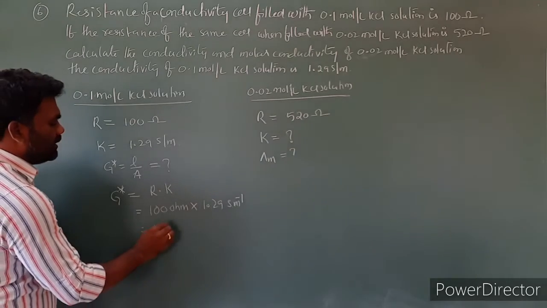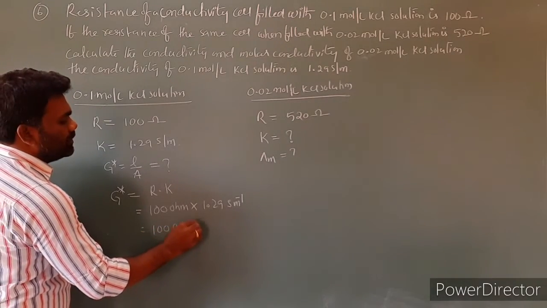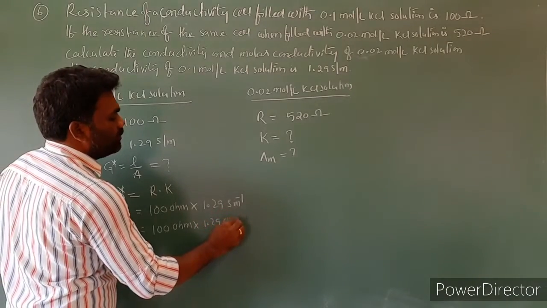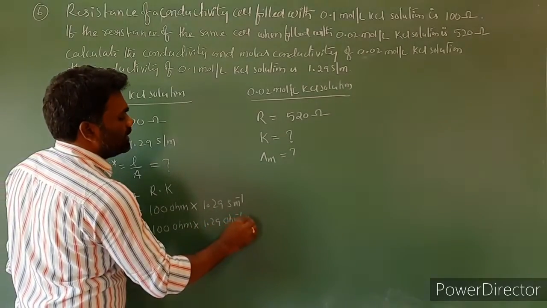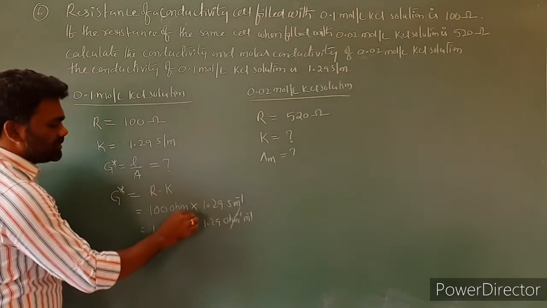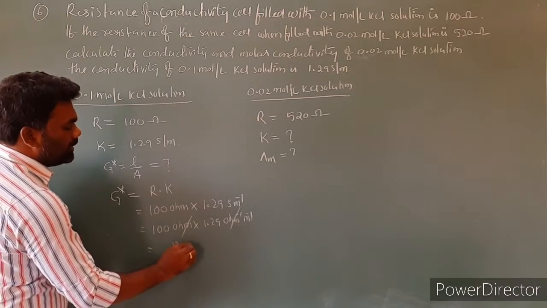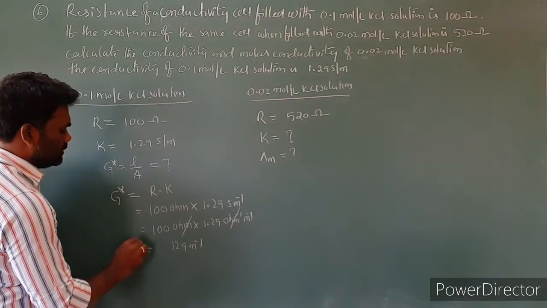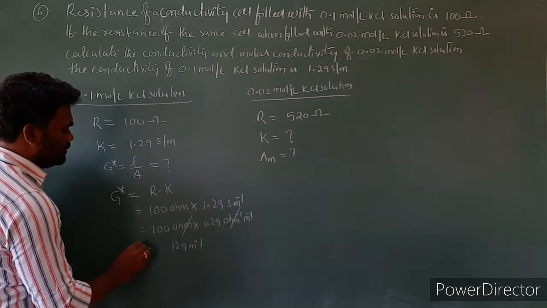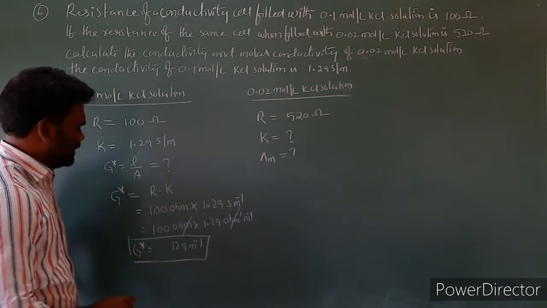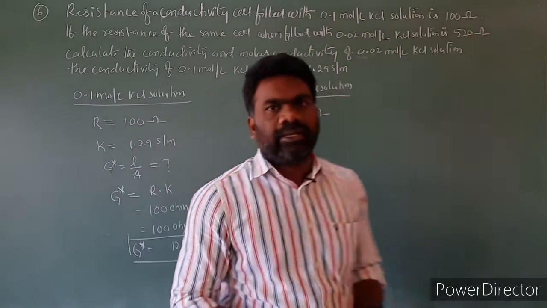That is equal to 100 ohms into 1.29 ohm inverse meter inverse. Ohm will cancel, and we get 129 meter inverse. This is the cell constant G star, 129 meter inverse.